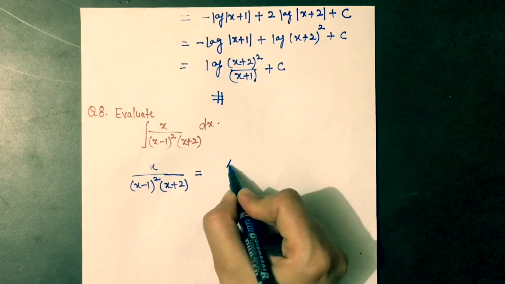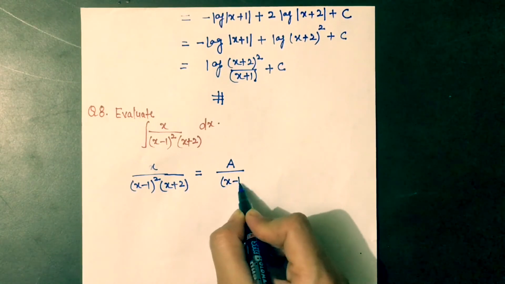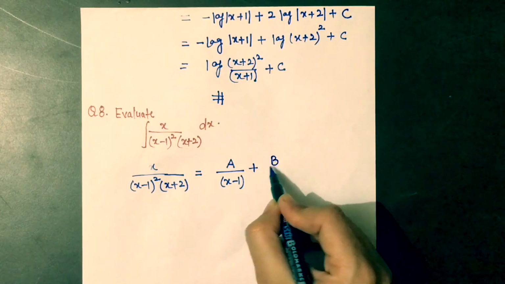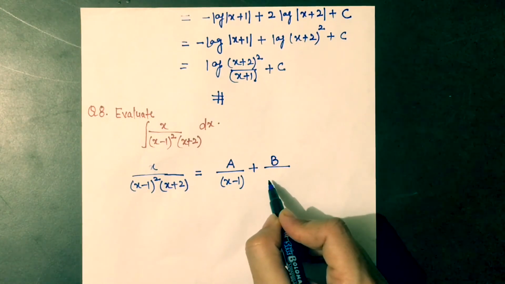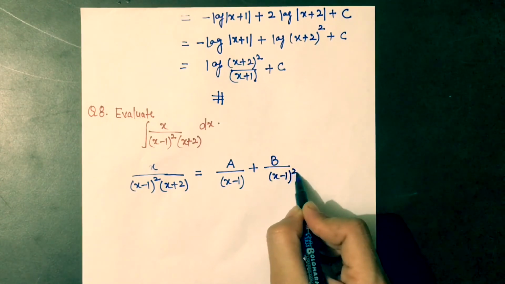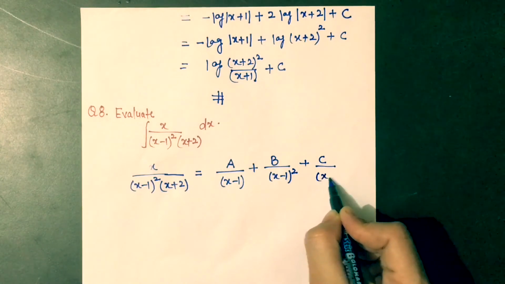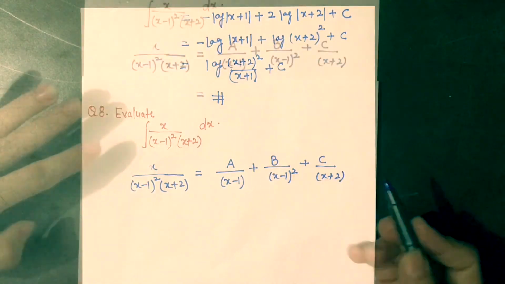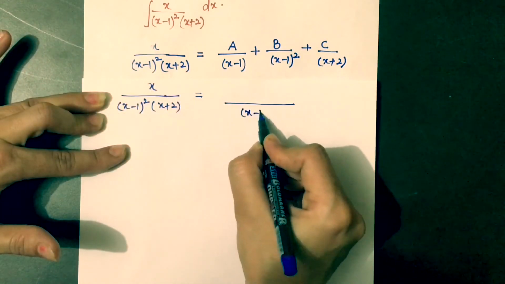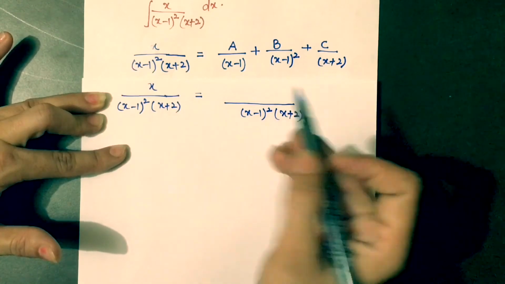We will take a upon x minus 1 plus b upon x minus 1 whole square plus c upon x plus 2. We will take LCM here, x minus 1 whole square into x plus 2.